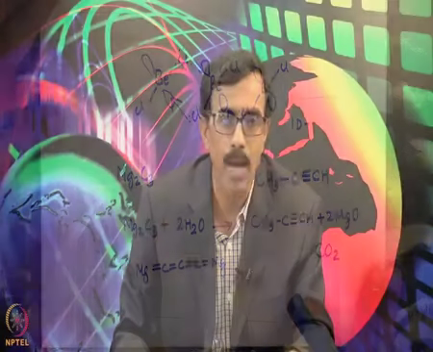So, with this I complete the chemistry of alkaline earth metals. In my next lecture I will be discussing group 13 elements, that is the boron group. In group 13 we have boron, aluminum, gallium, indium and thallium. I shall discuss the chemistry of those in my next lecture.